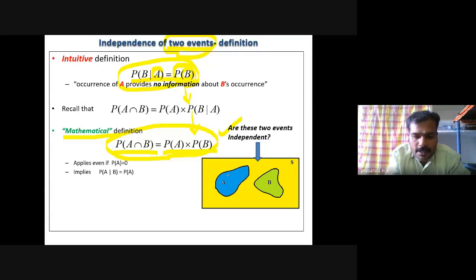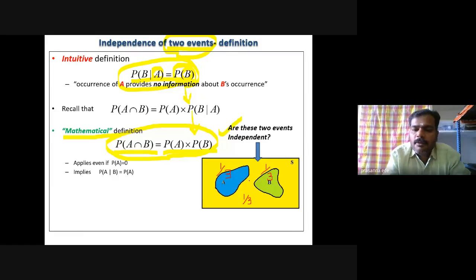Assume that this event has a probability of say 1 by 3, and assume that this event has a probability of again 1 by 3. The other events in the sample space collectively have probability 1 by 3.